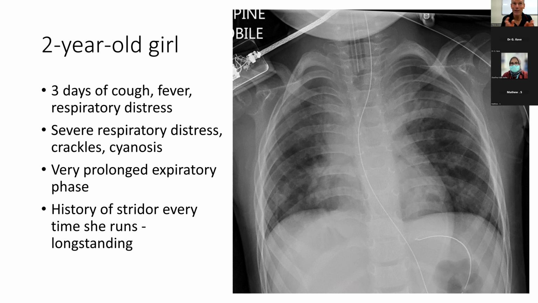And 2-year-olds are running around all the time, so she's got stridor quite frequently. So what else could cause it? When you hear a child's got respiratory distress and noisy breathing every time they run, what do you think about? The most common reason would probably be asthma.